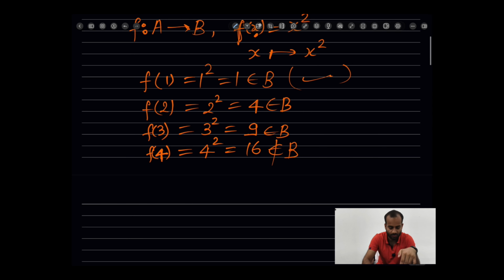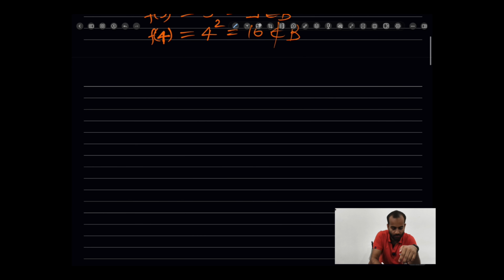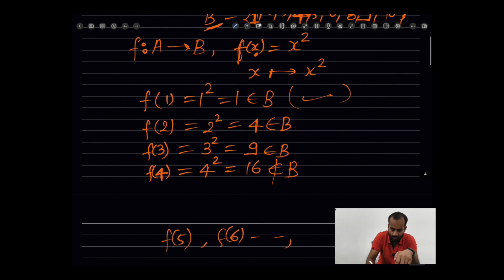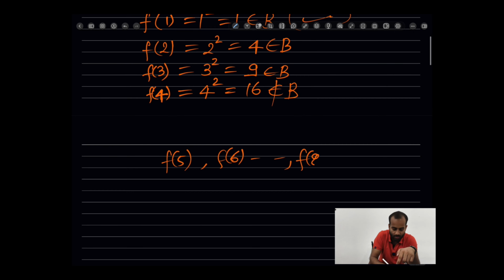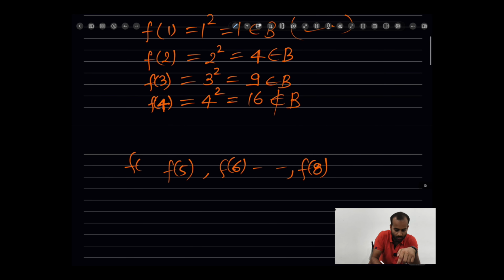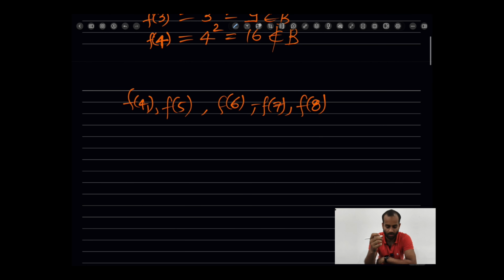And afterwards we can also see that f of 4, f of 5, f of 6, f of 7, f of 8, these elements do not have any image in the codomain. These do not belong to B.